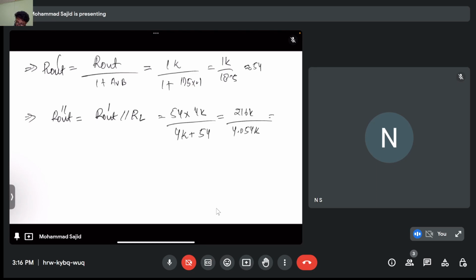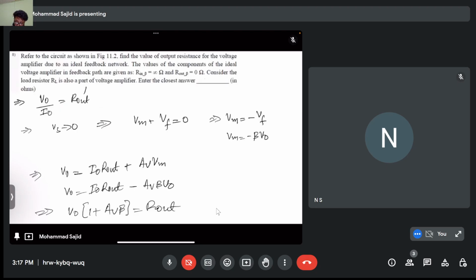It will be equivalent to 53.2 ohm. Okay, so this is how you calculate R out. So it will be 53.2.